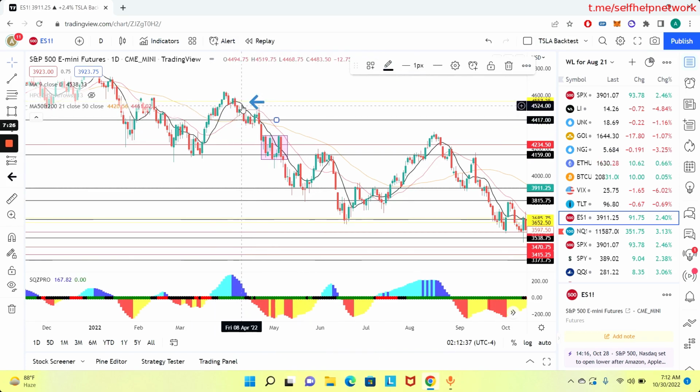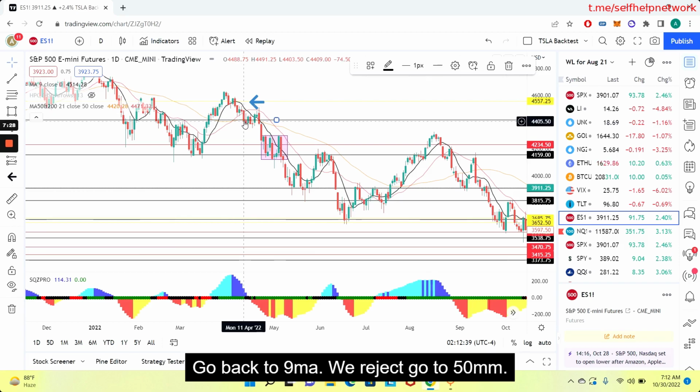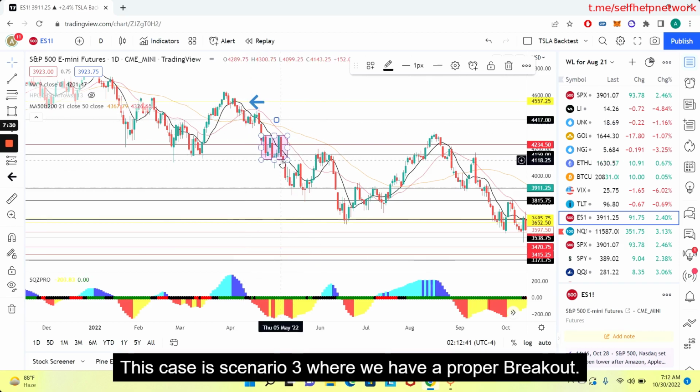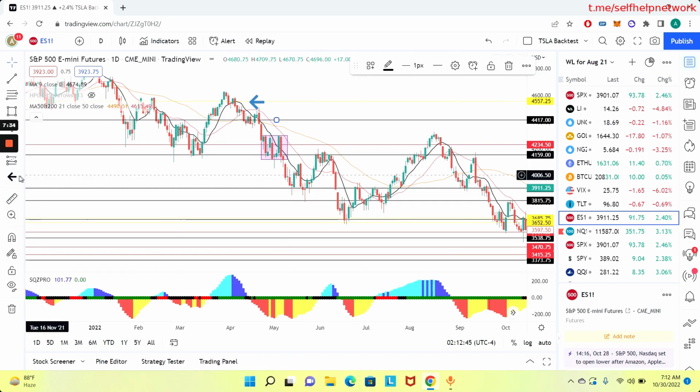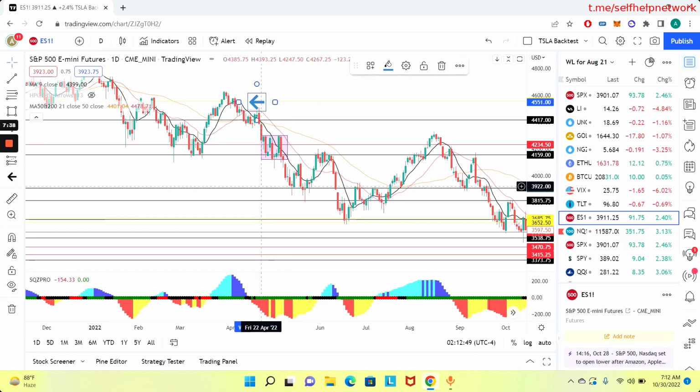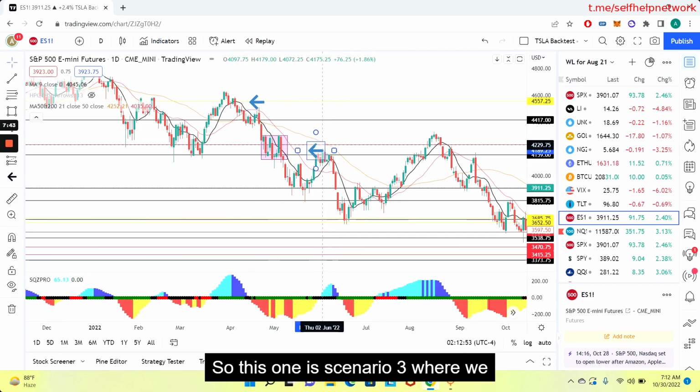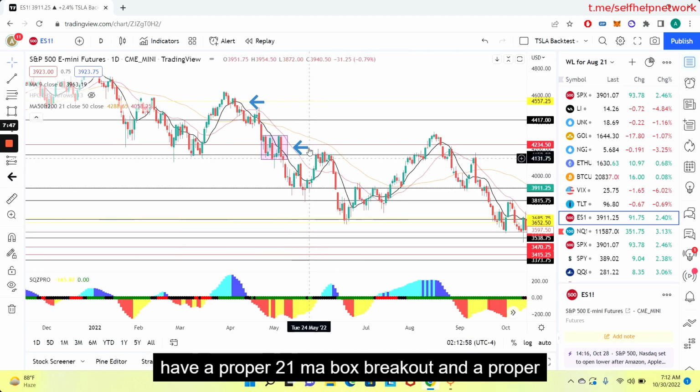Lower low, go back to the 9 MA, we reject, go to the 50 MA. This case is scenario 3, where we have a proper breakout. Here. So this one is scenario 3, where we have a proper 21 MA box breakout and a proper trend.